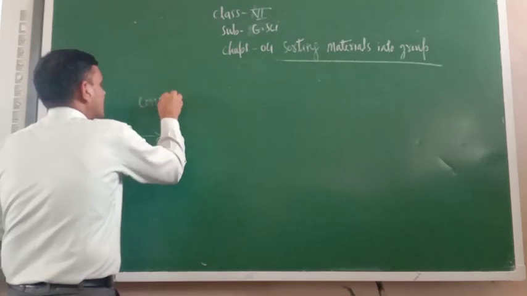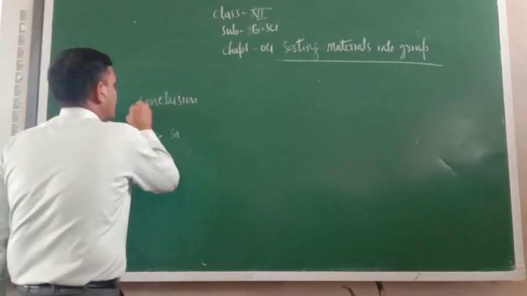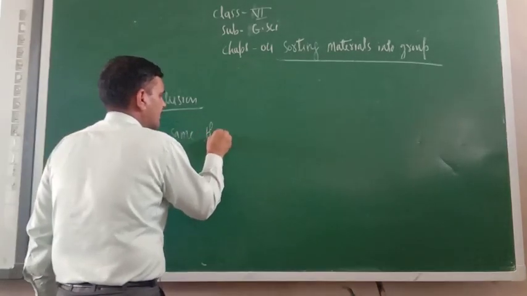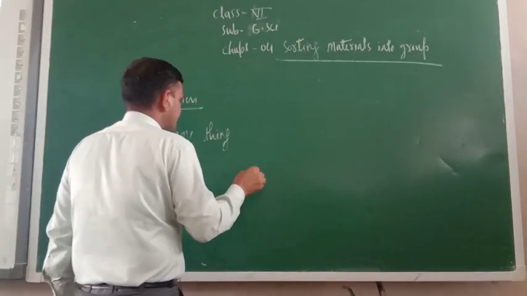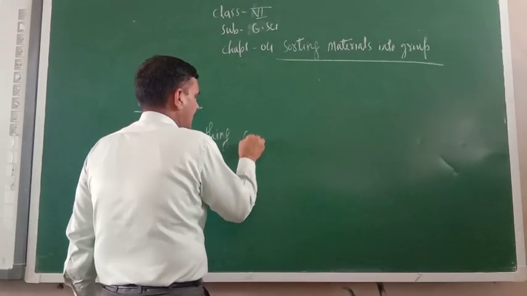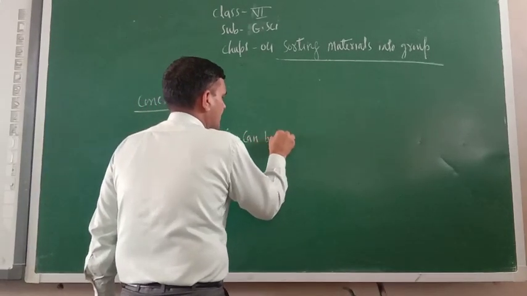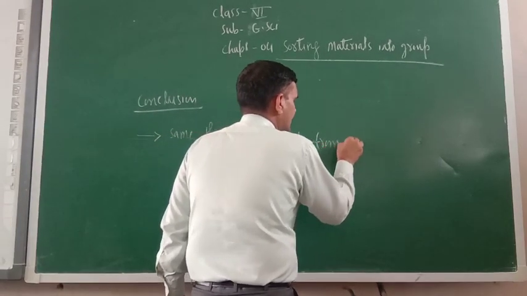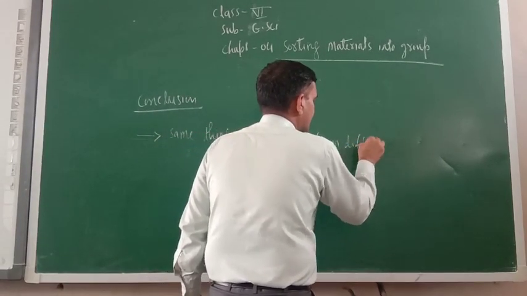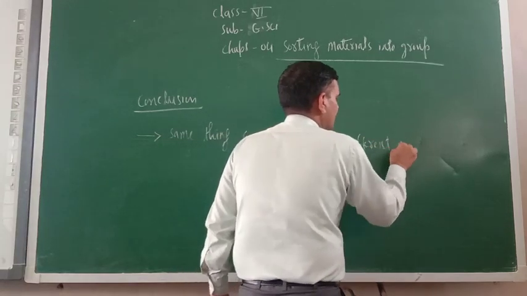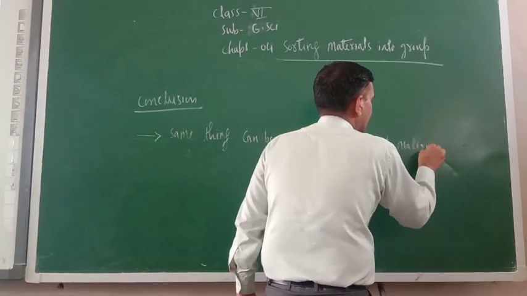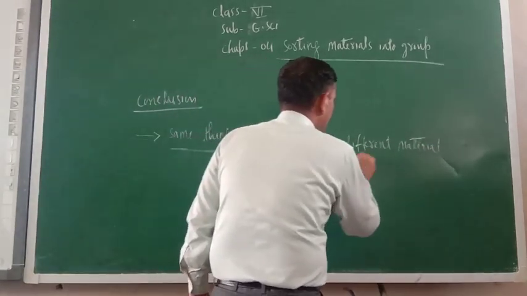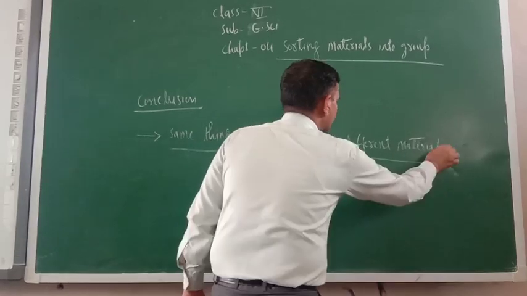Conclusion is: same thing can be made from different material. Just see, understand this one. Same thing can be made from different materials.